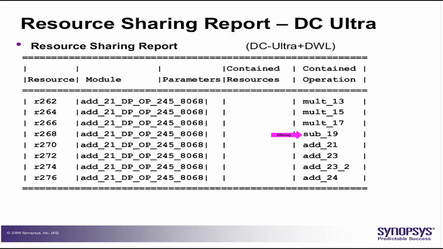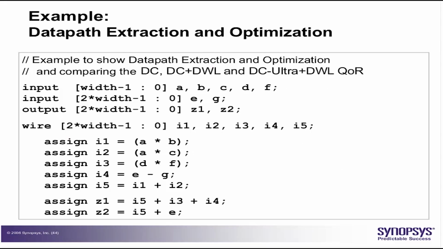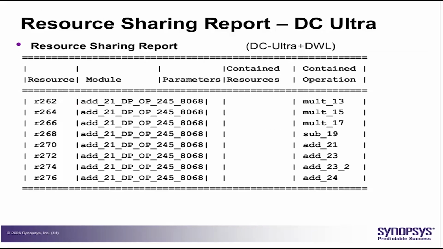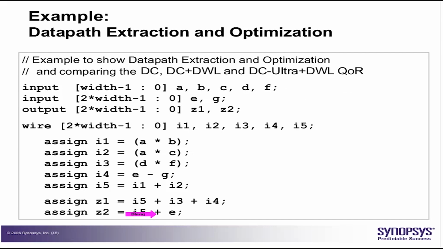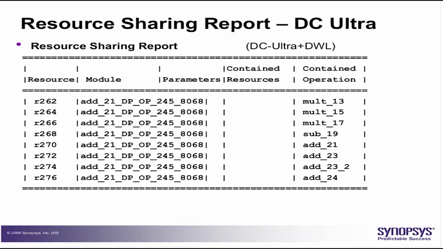Let's go back to the RTL and see. There are 3 multiplications, 1 subtraction, and 4 additions, which matches. Since all the operations are in a single module, and all conform to the RTL coding guidelines that enable us to extract this data path, DC will just instantiate this module containing all that.